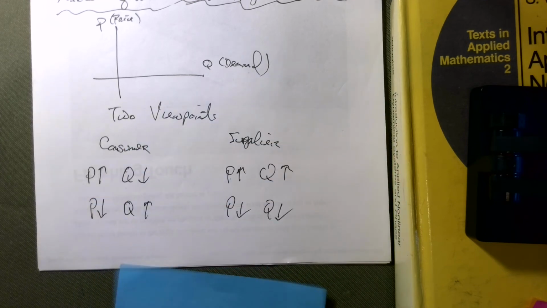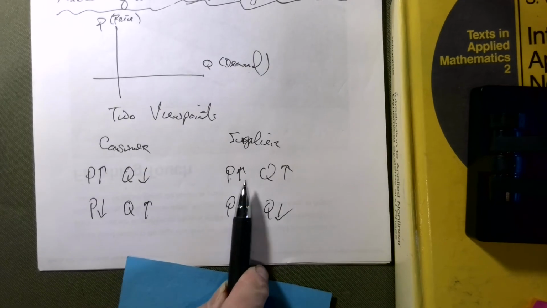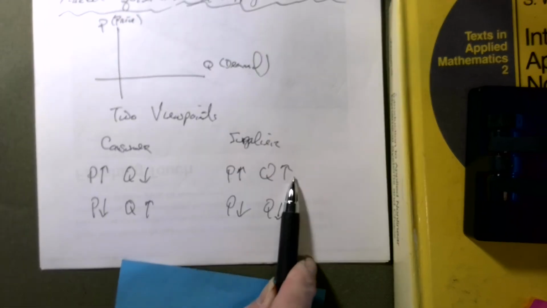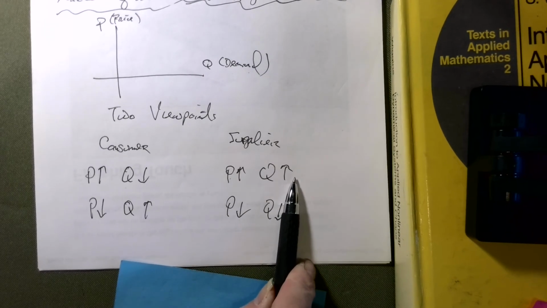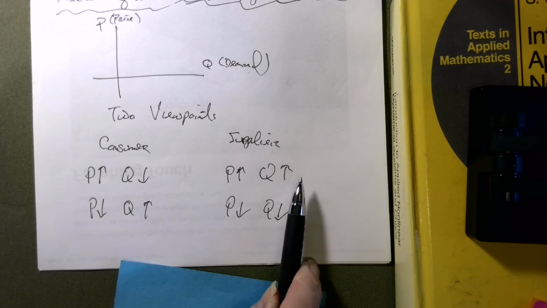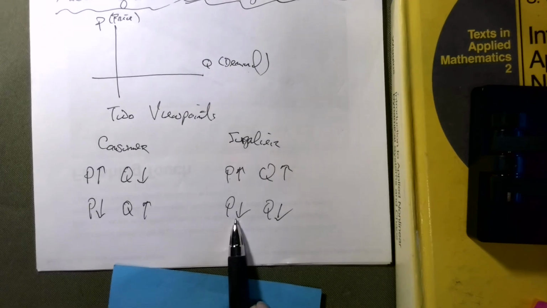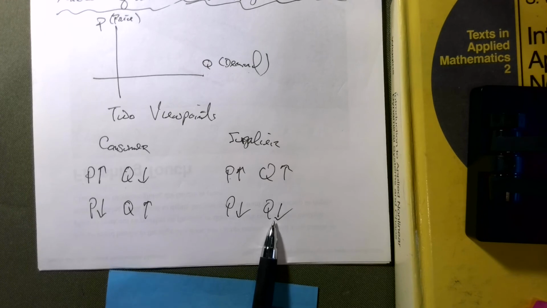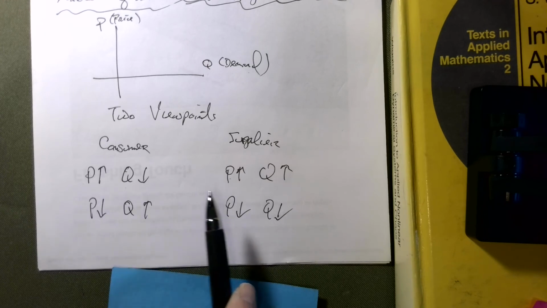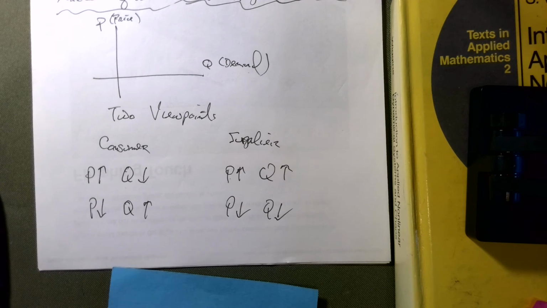The supplier's point of view, however, is that if the price goes up, they're willing to drill more oil or do fracking. If the price goes down, then they lose incentive. So we sort of have this competition between the two players, and this actually comes about in the mathematics called game theory.